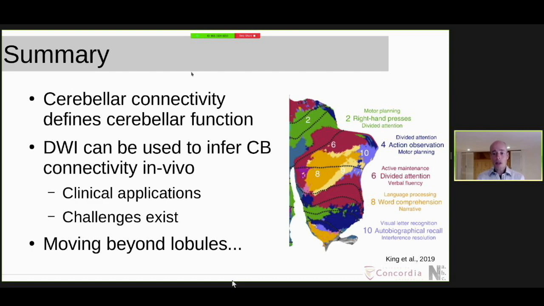In my previous work, we've used cerebellar lobules as a functional unit of organization, but we know that's not true based on the work of Randy Buckner back in, I believe, 2011, and following with a lot of Joern Diedrichsen's work in his lab, showing that the functional segregation of the cerebellum doesn't follow these lobular boundaries. So we have to start thinking about other ways to use connectivity metrics from diffusion connected to these types of maps instead of just lobular maps.